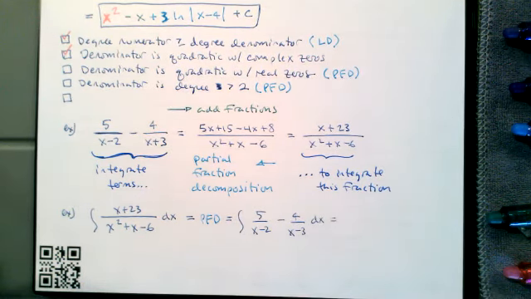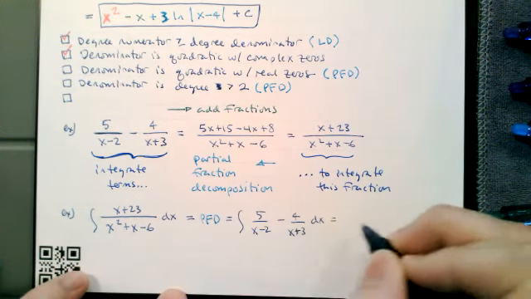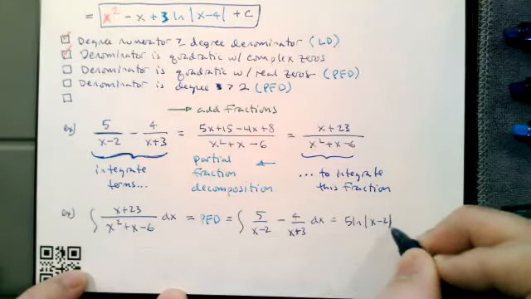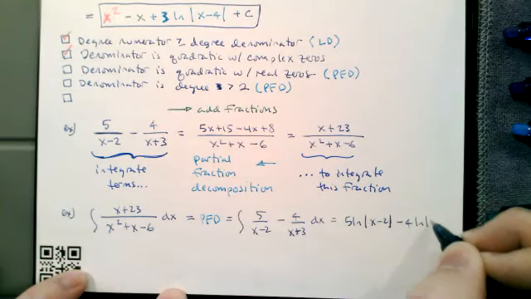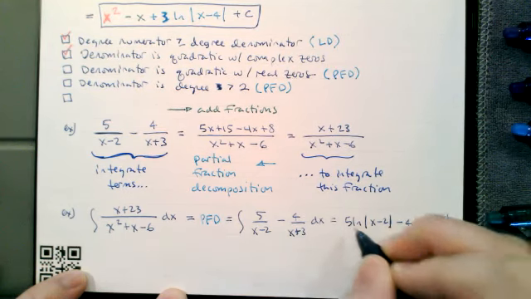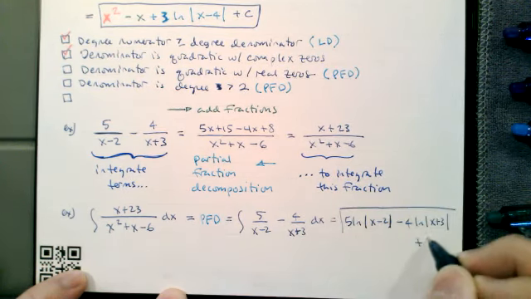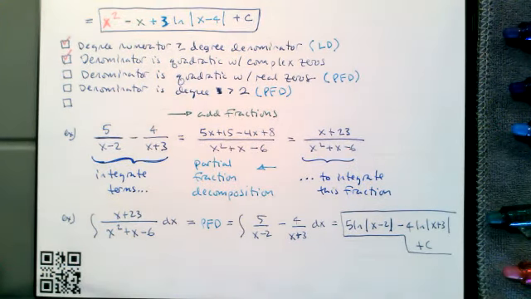So I'll have 5 natural log of the absolute value of x minus 2, minus 4 natural log of the absolute value of x plus 3, plus c. So we've got to pick up this piece.